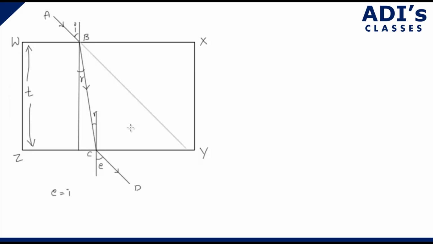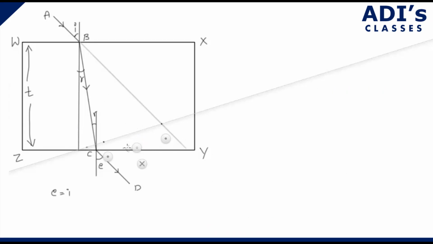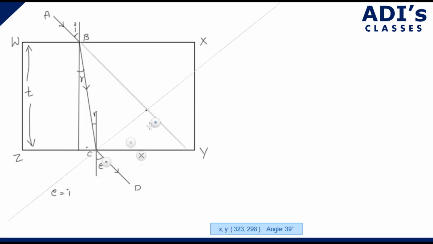How much is the deviation? That is what we call lateral shift. To understand it, we need to draw a perpendicular. From here to this particular line, if you drop a perpendicular, let's call this point P. Now CP is nothing but the lateral shift, right?